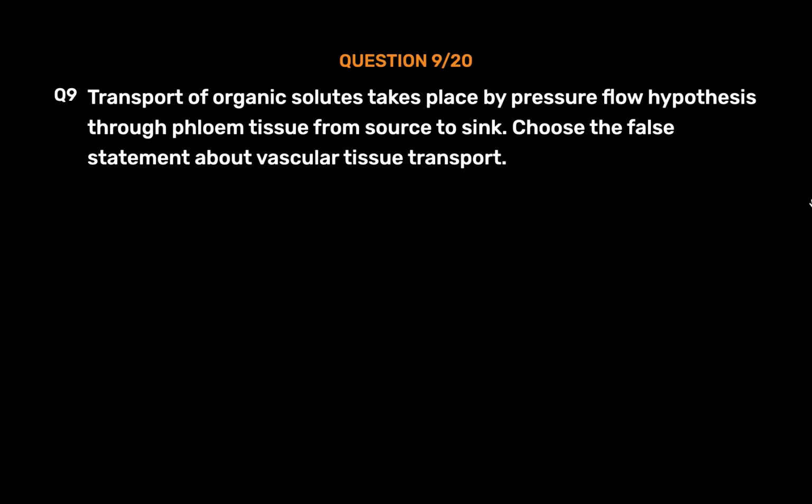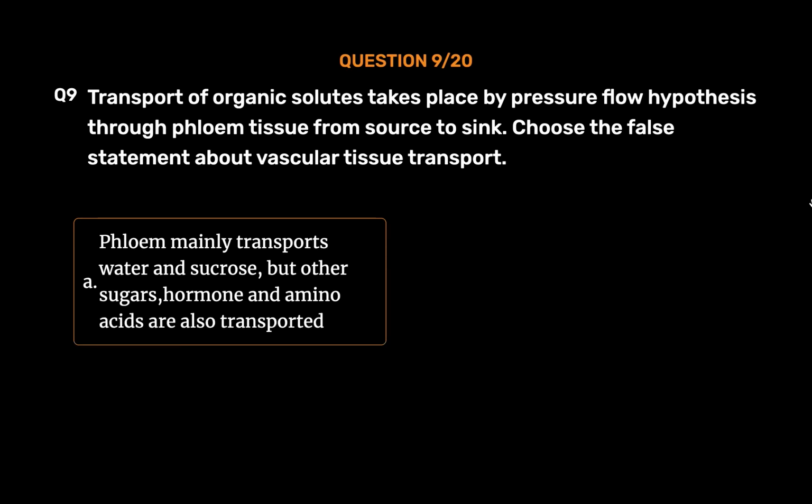Question number 9. Transport of organic solutes takes place by pressure flow hypothesis through phloem tissue from source to sink. Choose the false statement about vascular tissue transport. Option A, phloem mainly transports water and sucrose, but other sugars, hormones and amino acids are also transported.